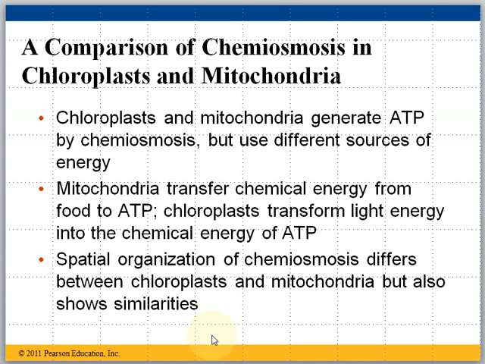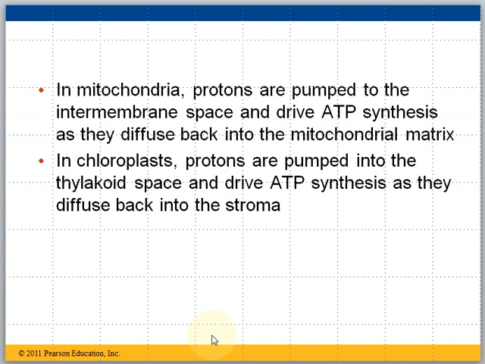As far as the physical layout of the two organelles and the process they go through for this chemiosmosis, there are some differences, but there's actually a lot in common as well. So it's interesting that these two processes occur in both of these different situations.